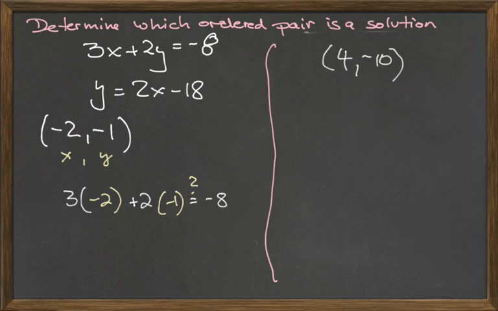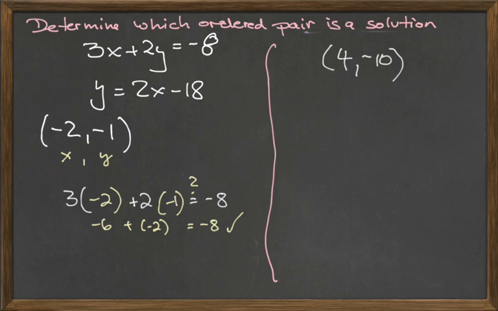Is that -8? Yes or no? Do the arithmetic. What's 3 times -2? -6 plus -2. That indeed is -8. So we got a check on the first one. Don't forget, it has to check in both of them.